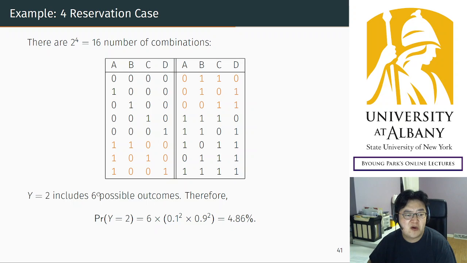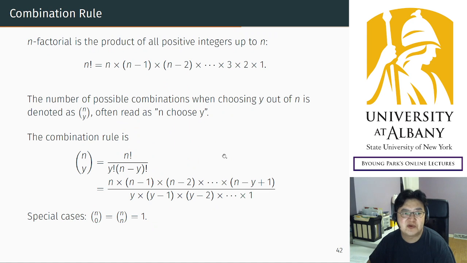So where did this number come from? How do we get 6? The answer is this complicated, even more complicated rule. It's a combination rule. It's not easy to do, but there is a pattern.